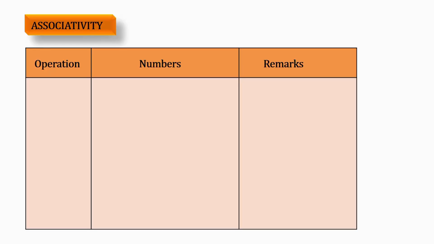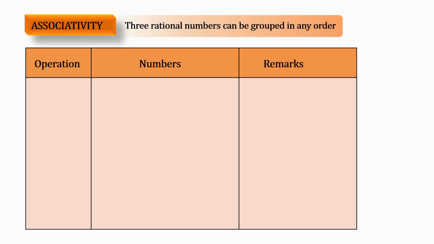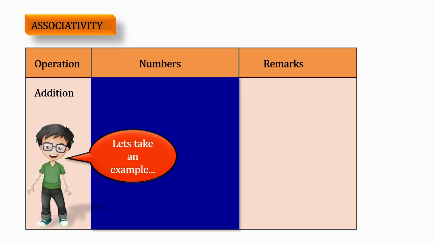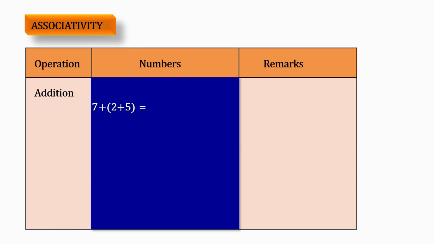Module 2. Associativity. Three rational numbers can be grouped in any order. Operation addition. Let's take an example. 7 plus (2 plus 5) is equal to 14, and (7 plus 2) plus 5 is equal to 14.